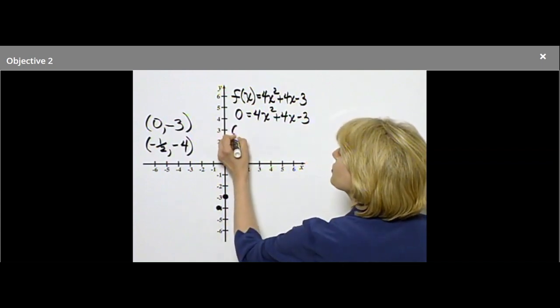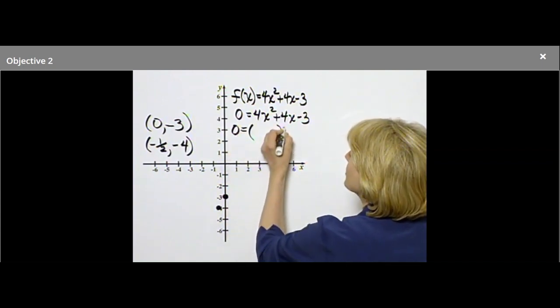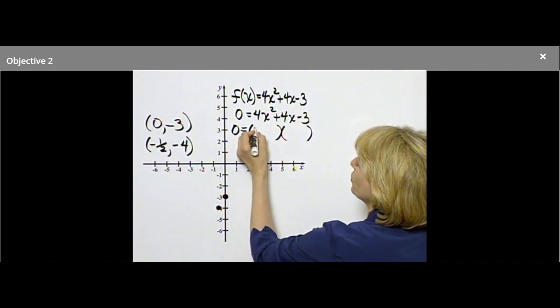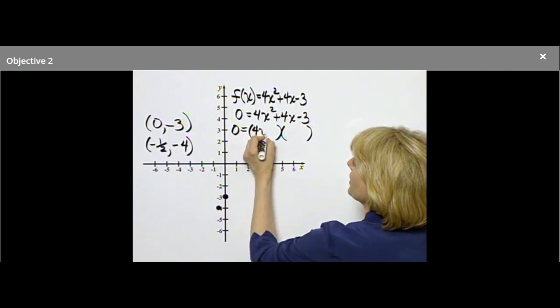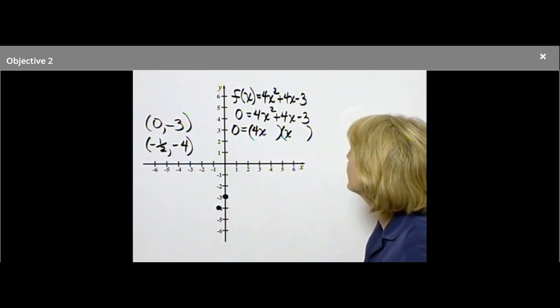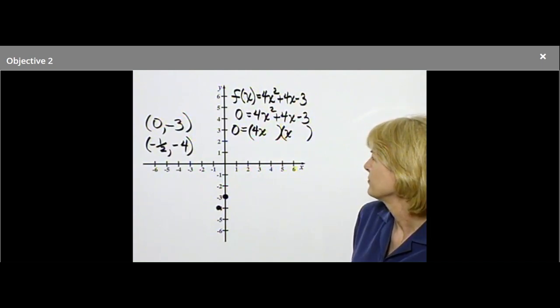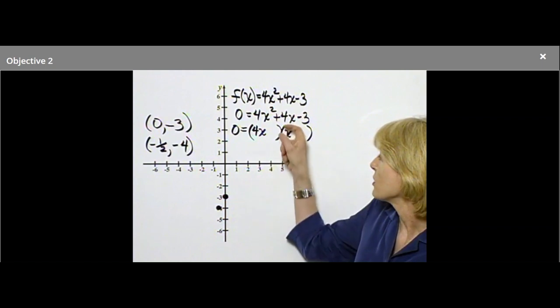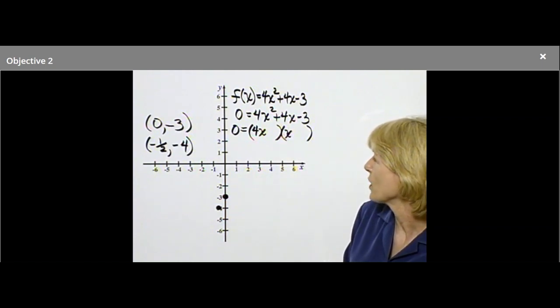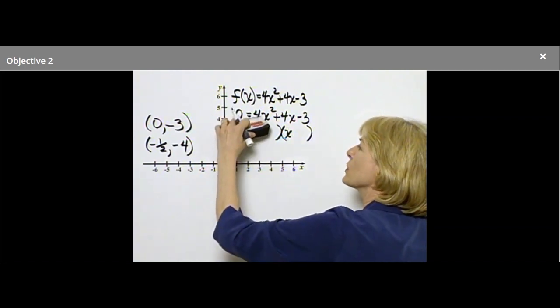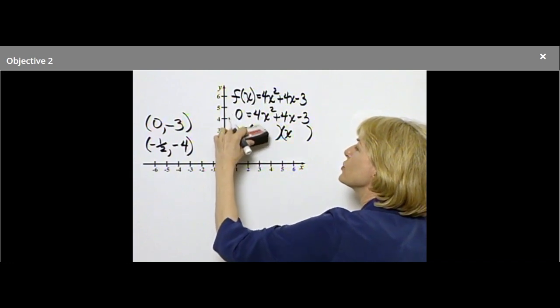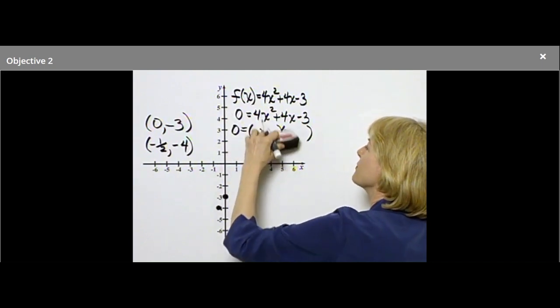So let's see if this right side factors. What about 4x and x, 3 and 1? And I'm looking for a middle term of 4x. I don't think that's going to work. Let's try 2x and 2x and see if we get anywhere.